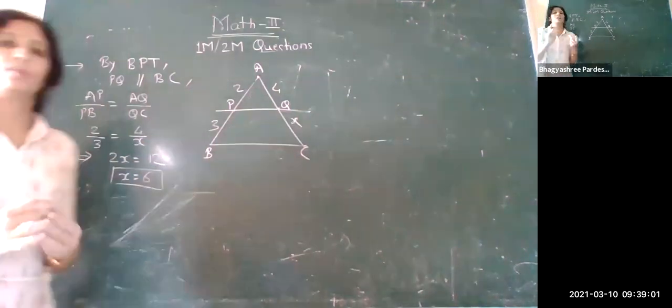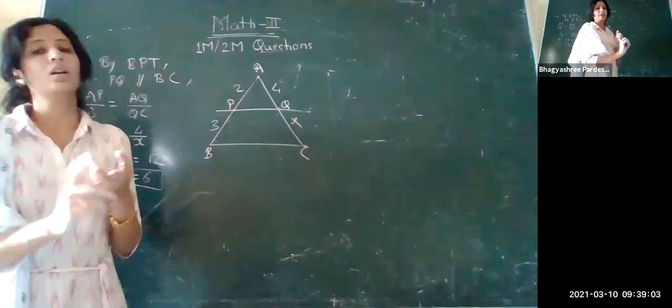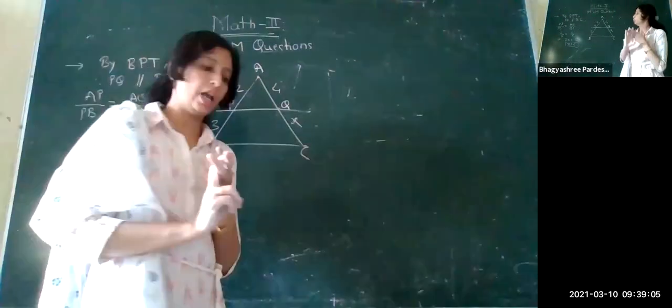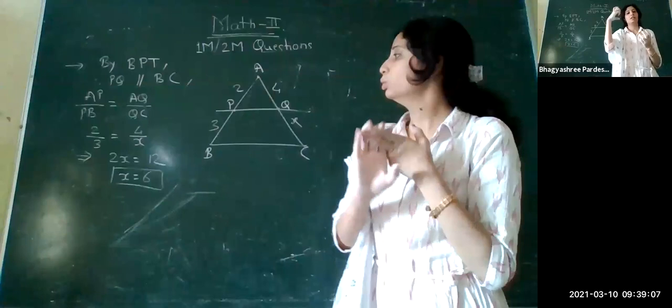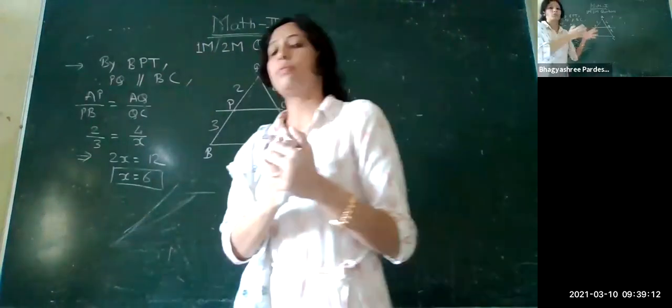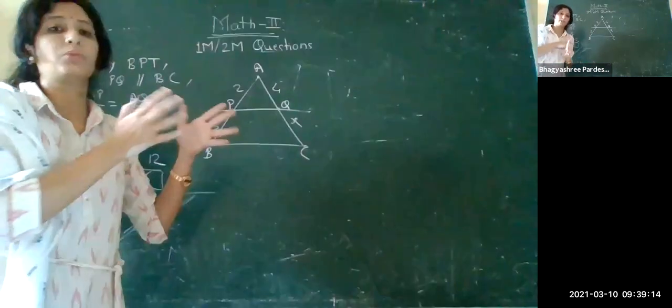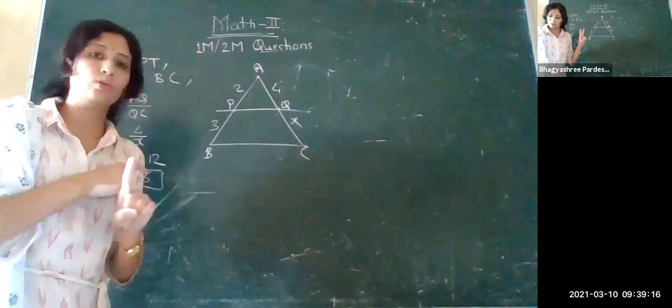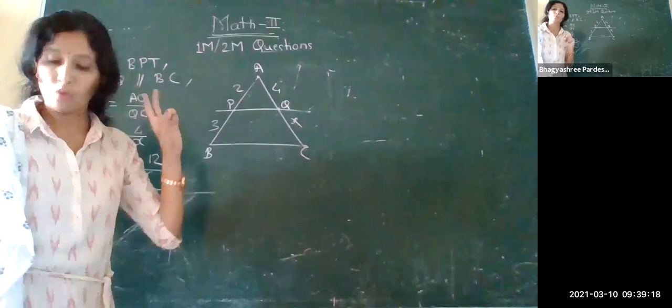So the basic proportionality theorem is the easiest one. The questions asked on that one are also easy. So do this very well. Next, from the similarity, the ratios of areas of triangles, you must do very well because most of the questions are asked on that also. In MCQs, for 1 mark, and for 2 marks also.